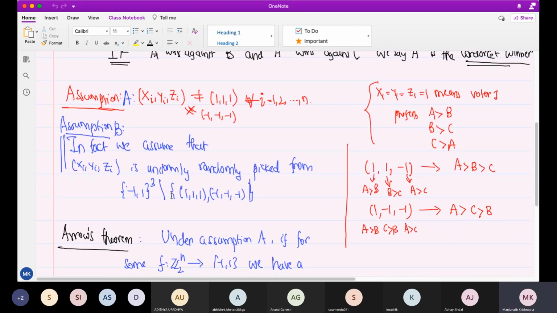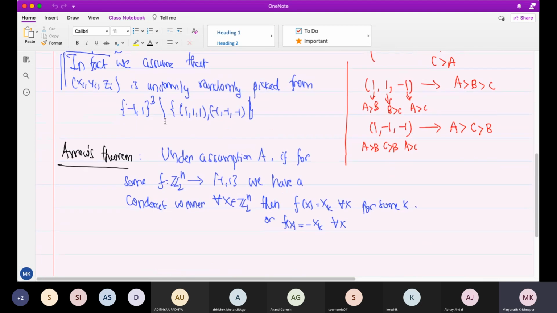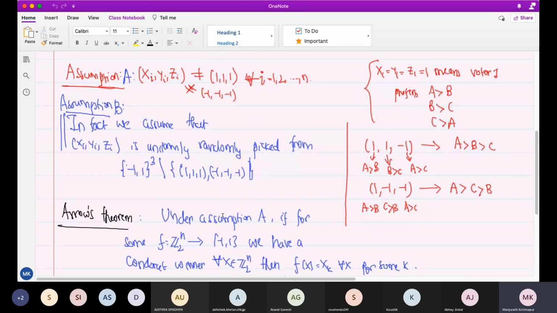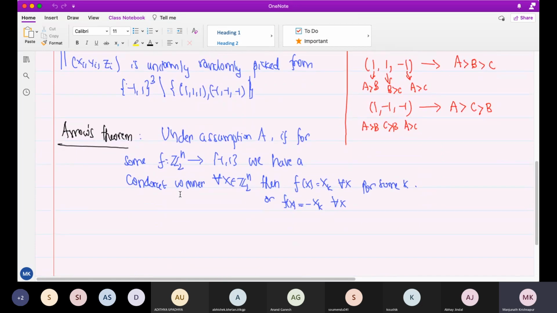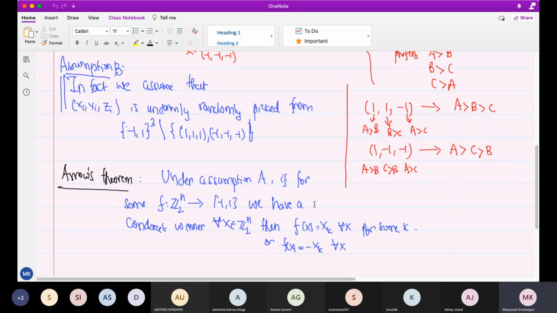This is the assumption which I called assumption A. And Arrow's theorem says that under that assumption, that each voter has a clear preference, even then, if there is some Boolean function, whatever decision-making rule you pick, if it always has a Condorcet winner, then it must be either a dictator function or an anti-dictator function. For some k, f of x is xk for all x, or minus xk for all x.